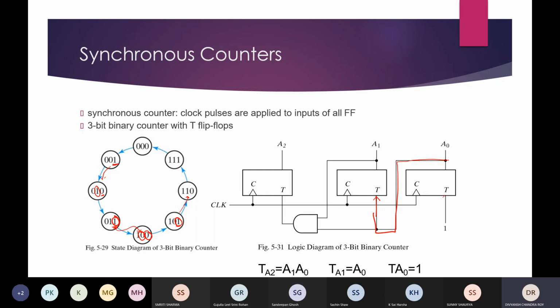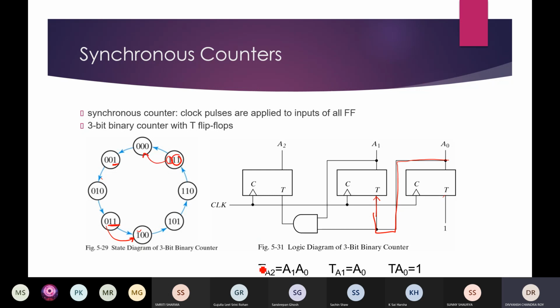For the third bit, it is toggled if the other two bits are 1 and 1. So here if you see my two bits are 1 1, then my third bit is going to be toggled, like here it is toggled to 1, and here also my first two bits are 1 1, then this is going to be toggled.